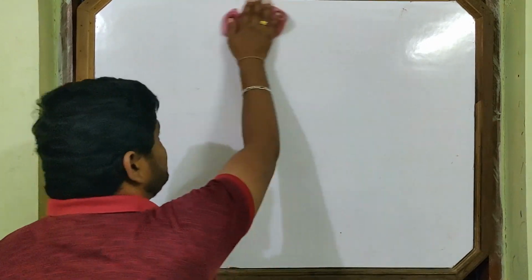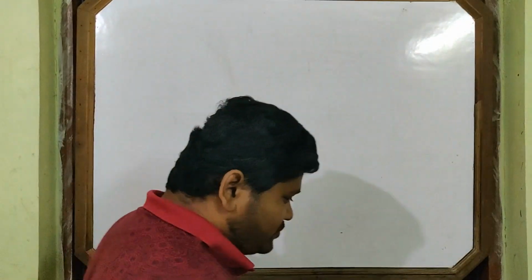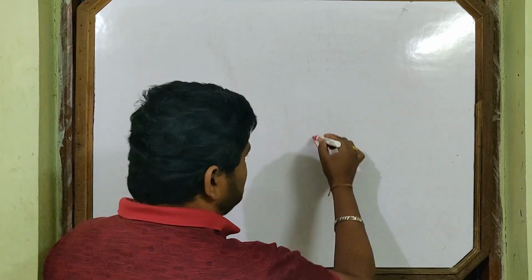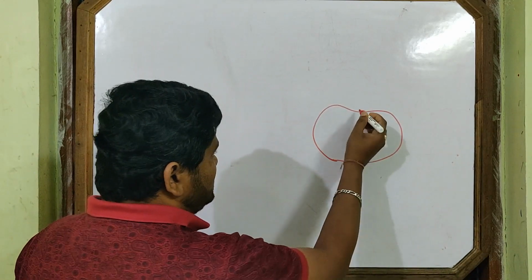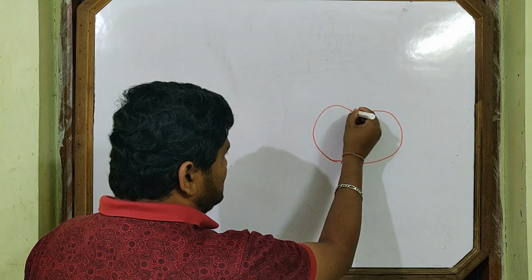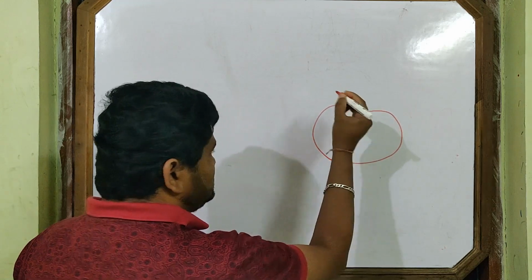What is that question? You can read the question from the NCERT book clearly, but I am telling you, if a small hole, a tiny hole is cut somewhere, suppose I cut a hole here. Let's cut a hole. One hole is cut here.